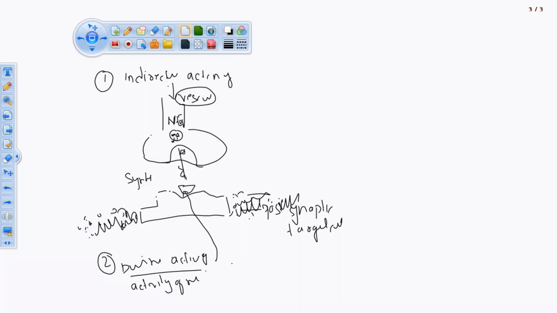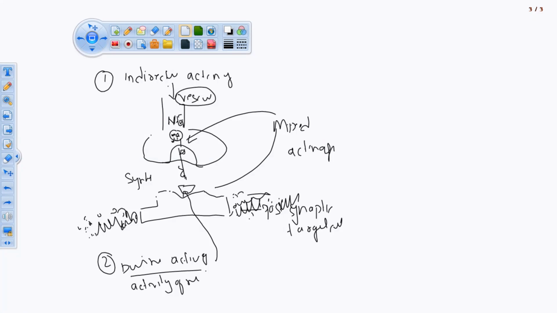ठीक है. अब पेशेंट का कंडीशन ऐसा है. Direct acting drug is also not working. Indirect acting drugs are also not working. Then what we'll do, we'll target directly on both parts, that is alpha and beta, both alpha and beta part. तो अल्फा एंड बीटा पार्ट जो ये फ्लो हो रहा है वहां पर भी एक्ट करेगा, और जो ये फिट हो रहा है पॉकेट में वहां पर भी एक्ट करेगा. So this type of drugs are called as mixed acting drug. ठीक है, ये एक्टिंग ड्रग जो है मिक्स्ड एक्टिंग ड्रग.